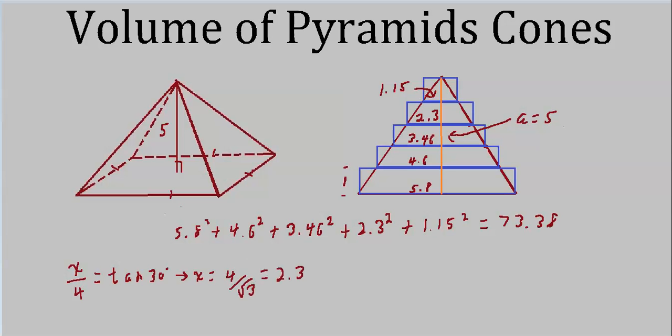And we get 2.3, but that's this half right here. We have to double that to get the whole length from here to here. And of course multiply that by 2 and get 4.6. And we just keep doing that, and I get 3.46 for this length, and on up.